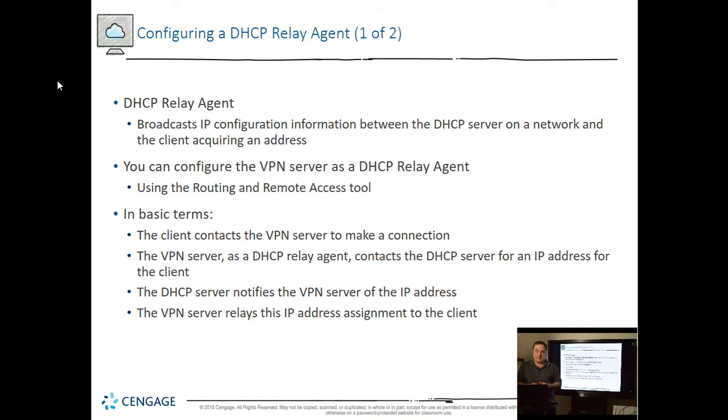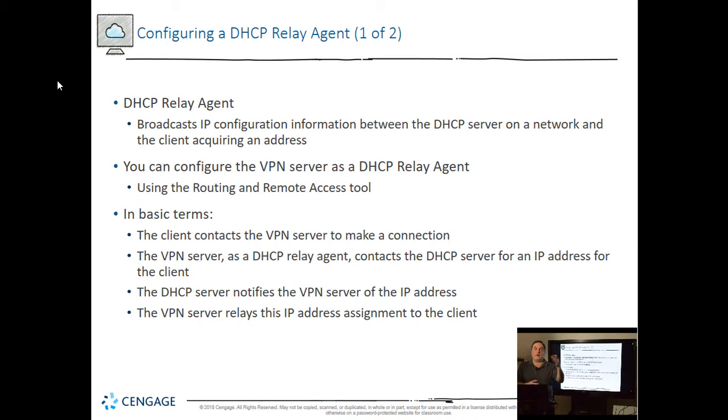DHCP relay agent is something that is used sometimes when you go from one network to the other. And it could happen when you're on a VPN tunnel. It could also happen if you have many VLANs or many subnets inside your network. So let's say you have your DHCP server on your 192.168.1 network, but you want the DHCP server to service all the different subnets in your entire network, and say there's 20 different subnets.